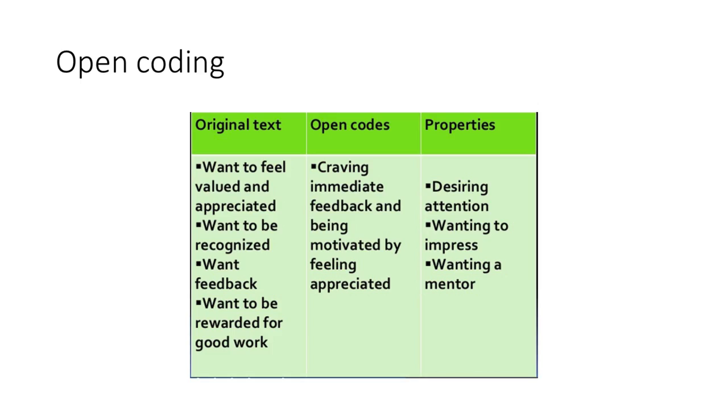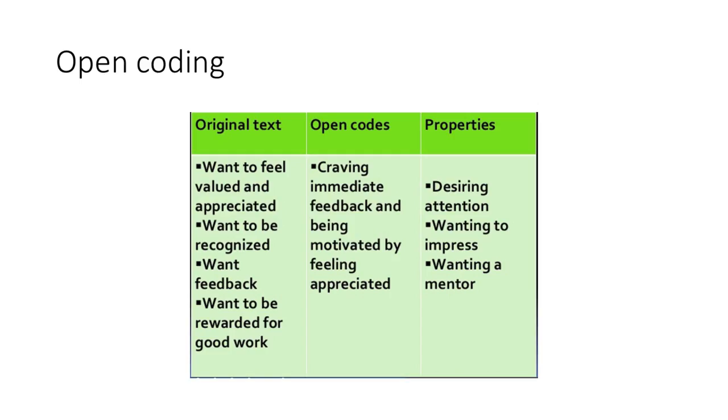So here's an example. This is a research question: how do millennial practitioners who work at public relations agencies describe their generation of public relations practitioner? How do they describe themselves? And things that are noted in the original text, people would say something like, I want to feel valued and appreciated, or we want to be recognized, we want feedback, we want to be rewarded for our good work.